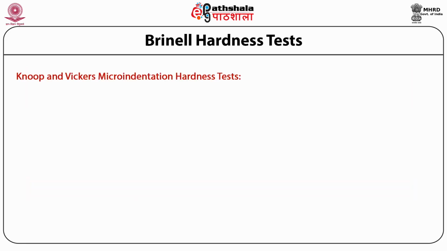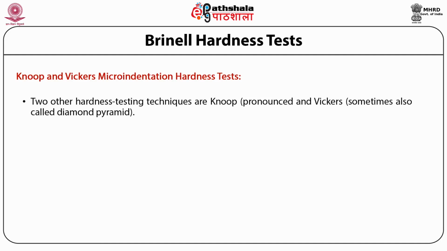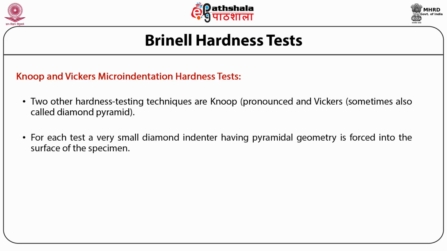Knoop and Vickers microindentation hardness tests. Two other hardness testing techniques are Knoop, pronounced noop, and Vickers, sometimes also called diamond pyramid. For each test, a very small diamond indenter having pyramidal geometry is forced into the surface of the specimen.